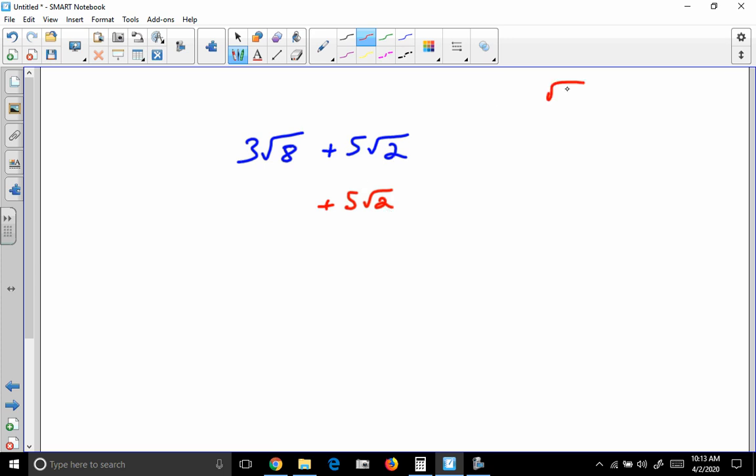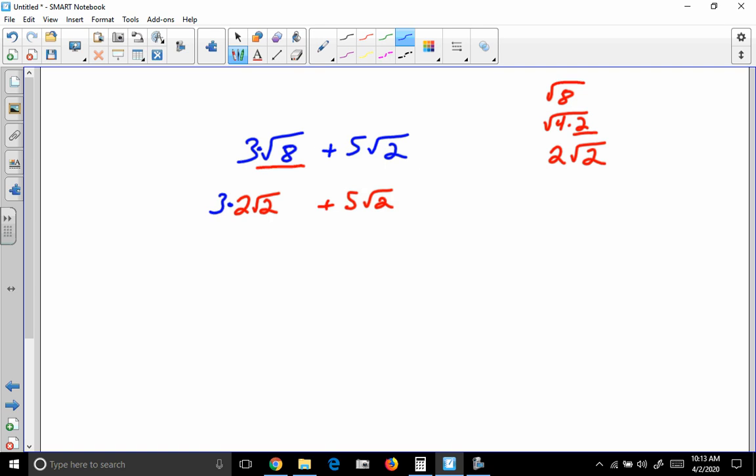But with the square root of 8, 8 is 4 times 2, and 4 is a perfect square. So we can take the square root of 4 and get 2. This number doesn't simplify anymore, so it stays underneath the radical. So the square root of 8 becomes 2 square roots of 2, and we still have this 3 out front that's multiplied times that.